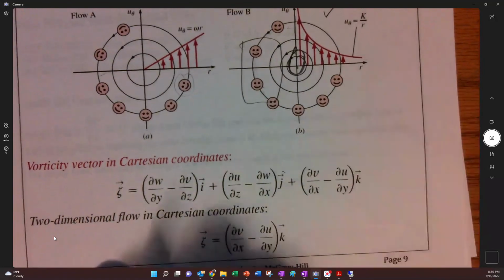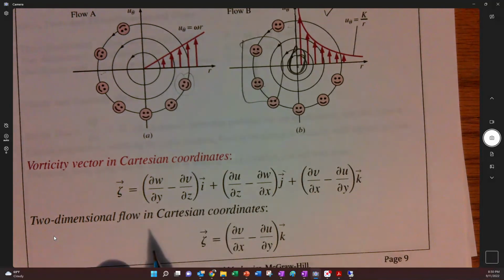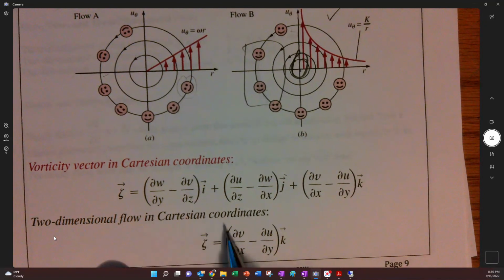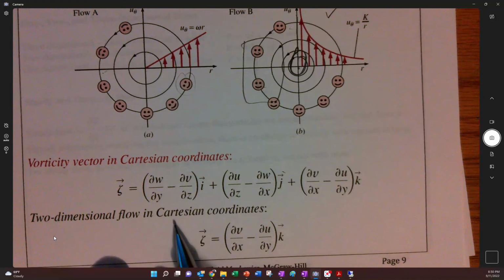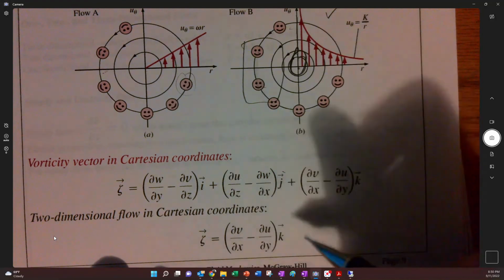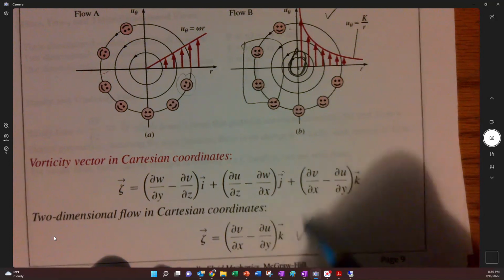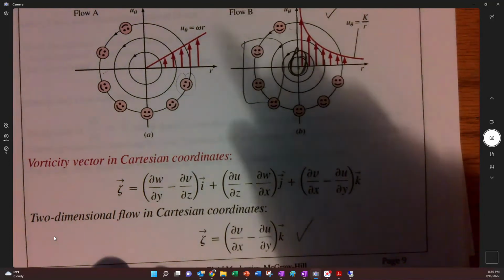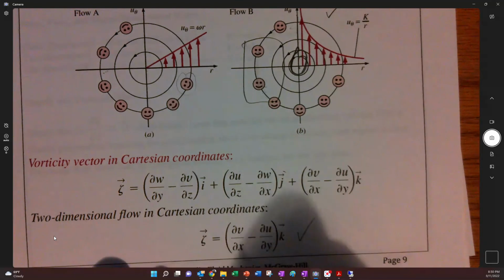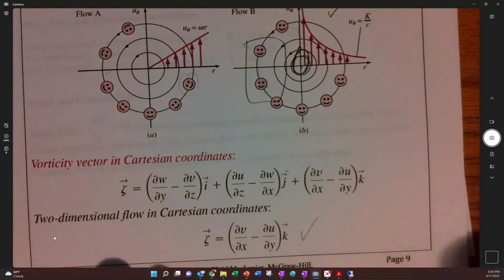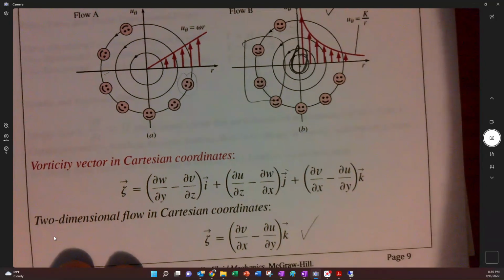So here is what the vorticity vector looks like in Cartesian coordinates. A lot of times it's easier for us to look in 2 dimensions right here. Of course, in 2 dimensions, it's rotating about the axis that's coming out of the page.